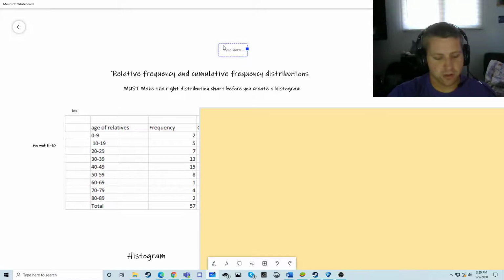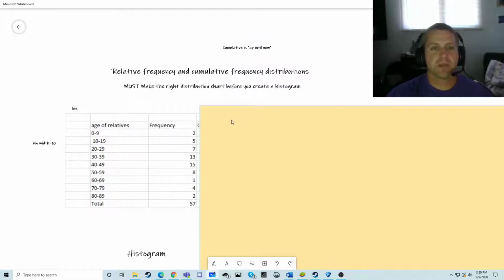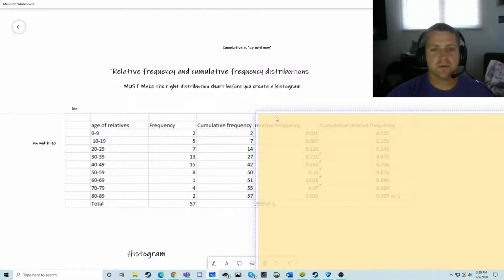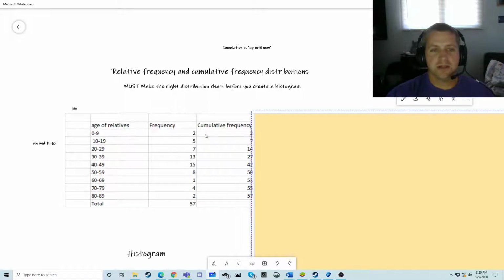We'll put it here. Cumulative is, I'll put it in quotes, "up until now." So up until this moment. So a cumulative frequency chart is everything up until this moment. So the first slot, it only counts 2. The second slot, it counts 2 and 5, makes 7.